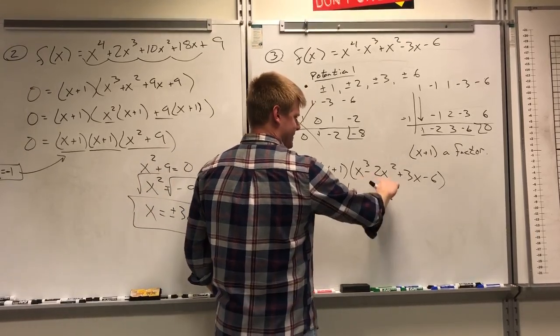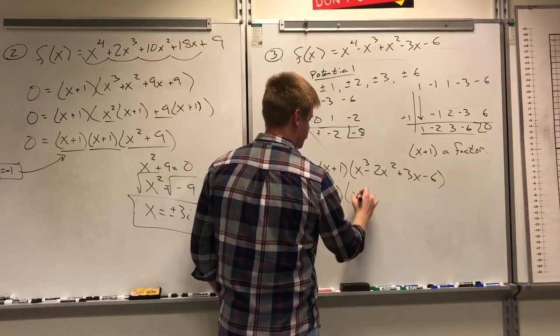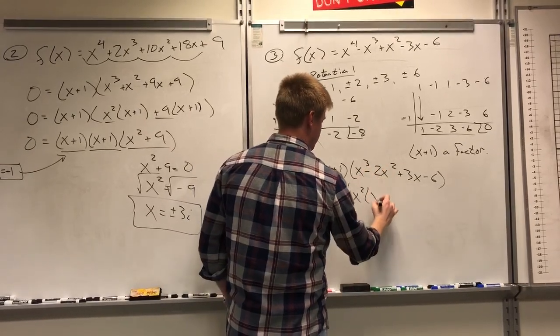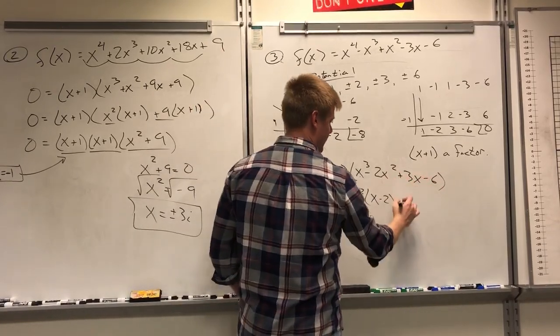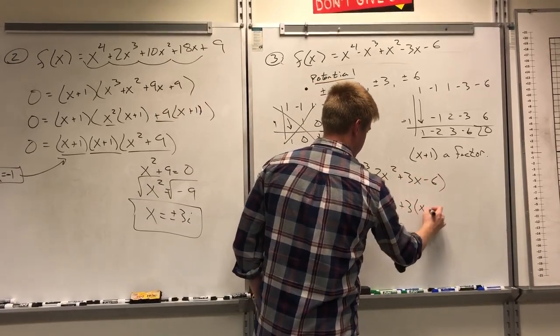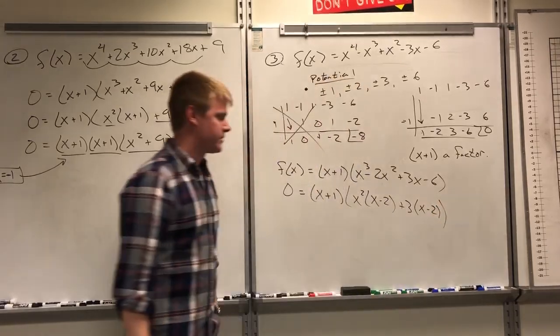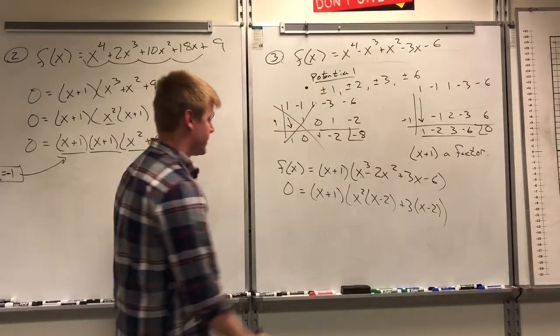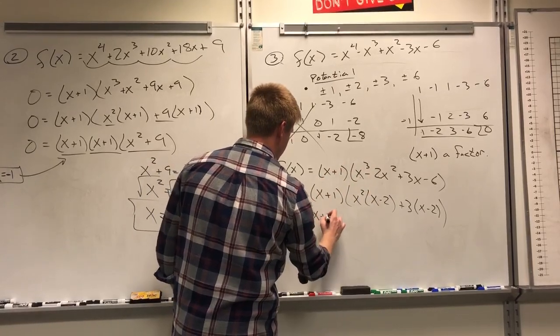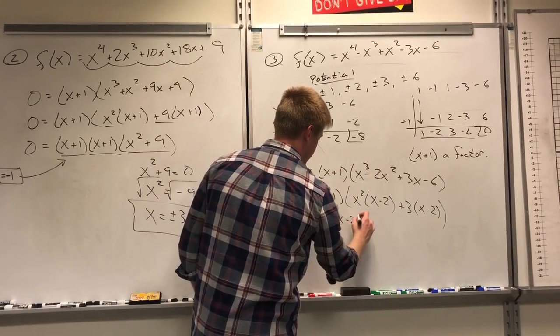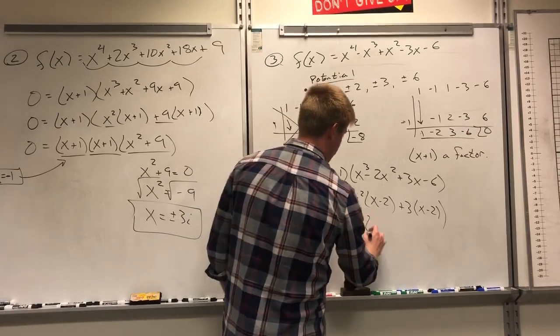I can take an x squared out of the first 2 terms. I'm left with x minus 2. Second set of terms, I can take a plus 3 out. Once again, we're left with an x minus 2 factor. When I take out that x minus 2 factor once again, we can now clearly see 2 of our solutions, and they're going to be real numbers.